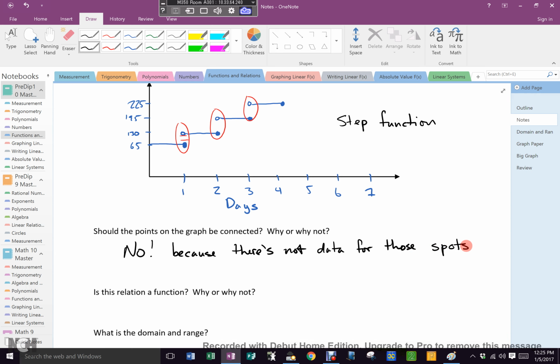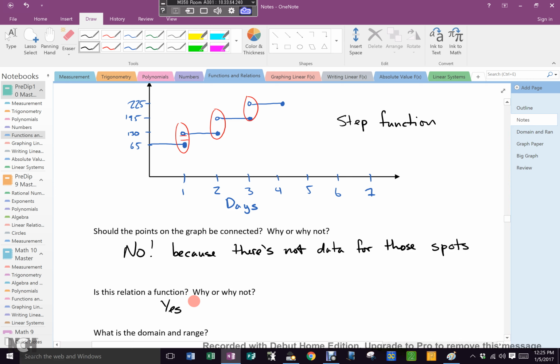Okay. Is it a function? We've already talked about that. Yes. Now, the reason it's a function is not the vertical line test. Okay, what's the reason it is a function? What's the real mathy reason? To be a function, how many outputs must there be?